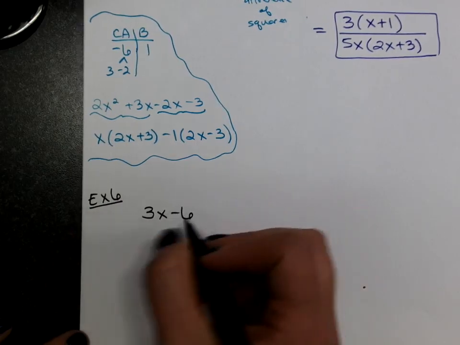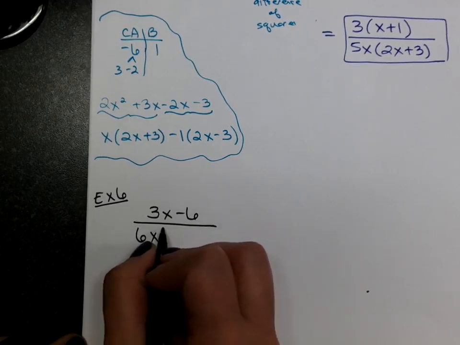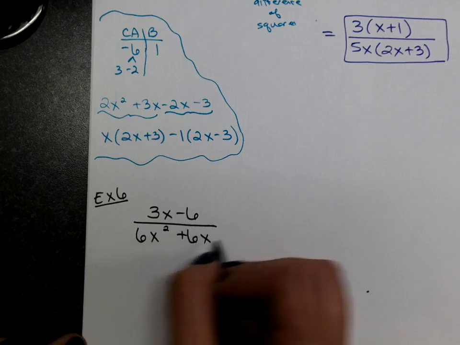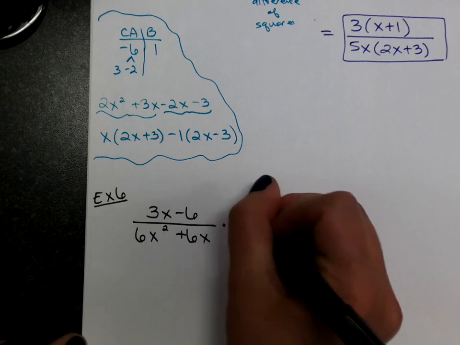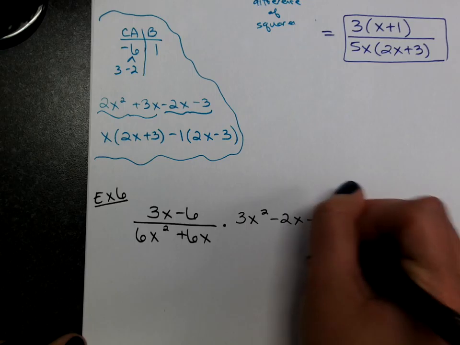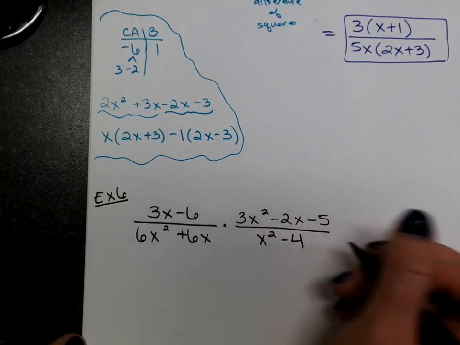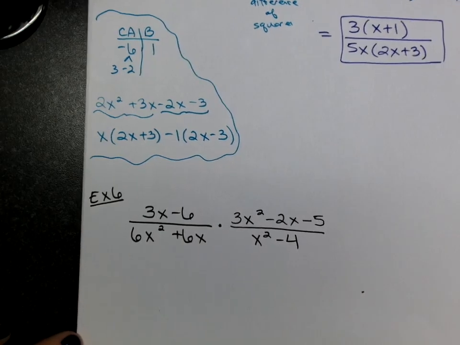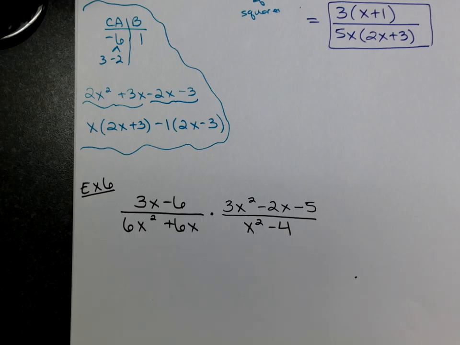So 3x minus 6 divided by 6x squared plus 6x, that's one rational expression, times 3x squared minus 2x minus 5 over x squared minus 4. So I recommend pausing the video right now, working out as much as you can. Just take your time, work out whatever you need to, show your steps if you need to, then play the video to watch my solution.